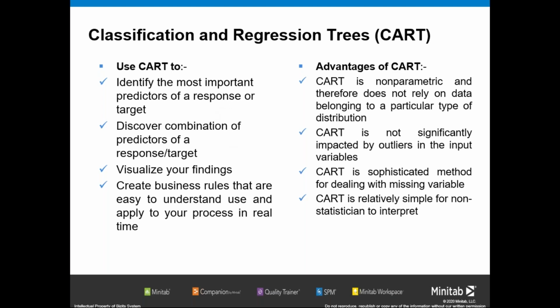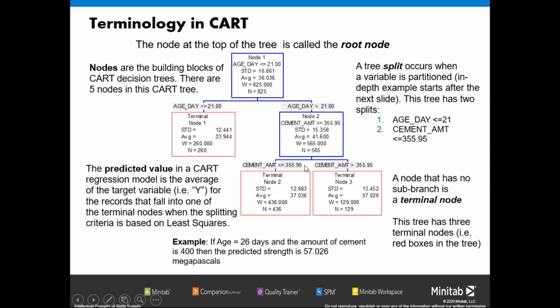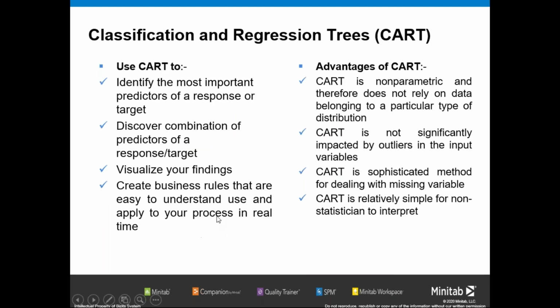We want to discover combinations of predictors and response, and then you can visualize your findings because now we have a tree. Maybe you can create business rules that are easy to understand, use and apply to your process in real time.